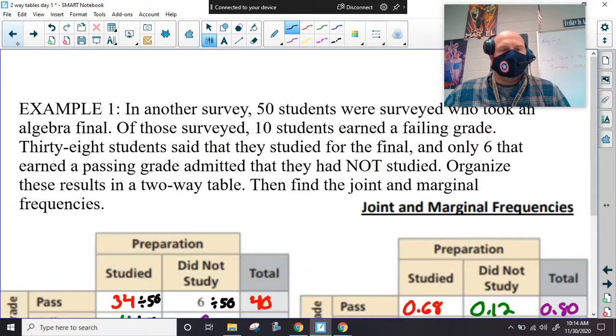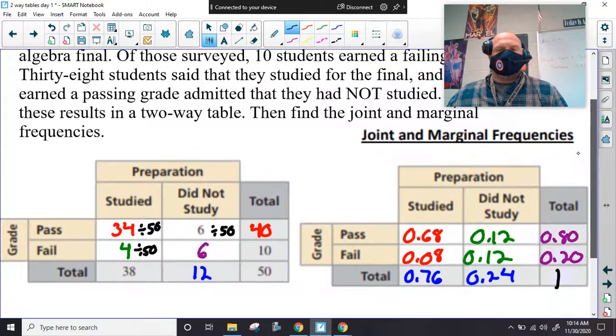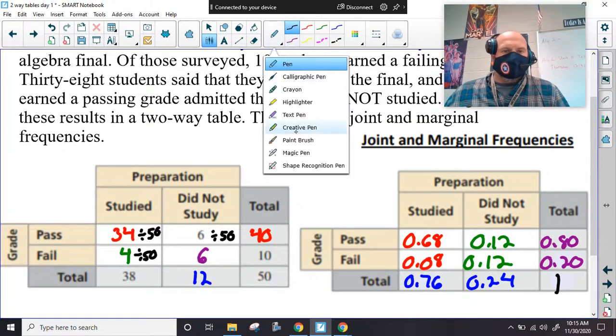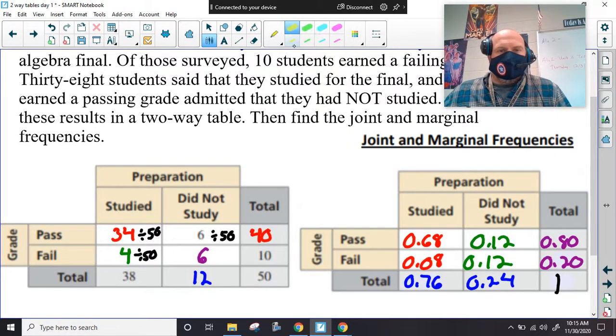All right. So it says find the joint marginal frequencies. Okay. I'm going to show y'all something. Let's use a highlighter. All right. These right here, those are what's called your joint.